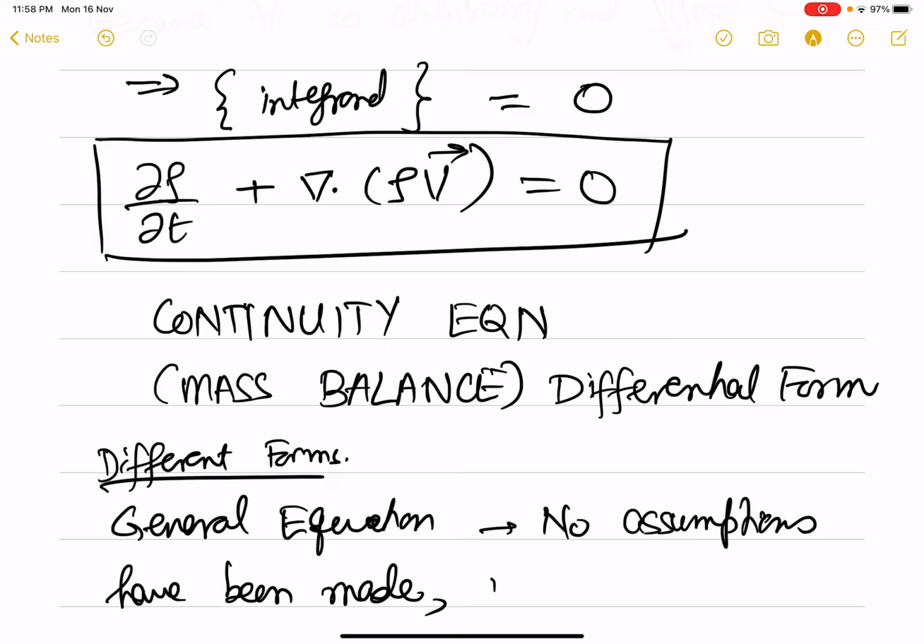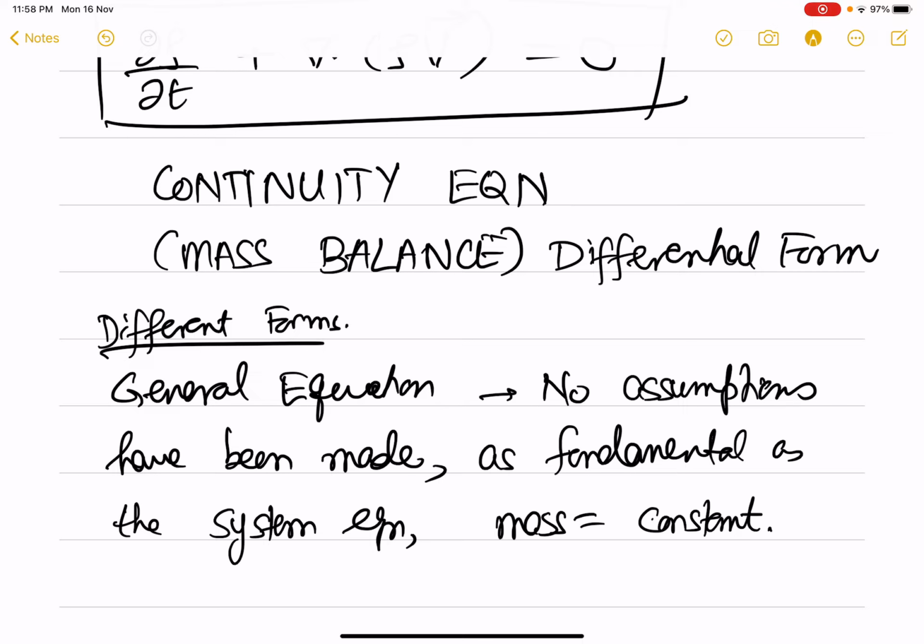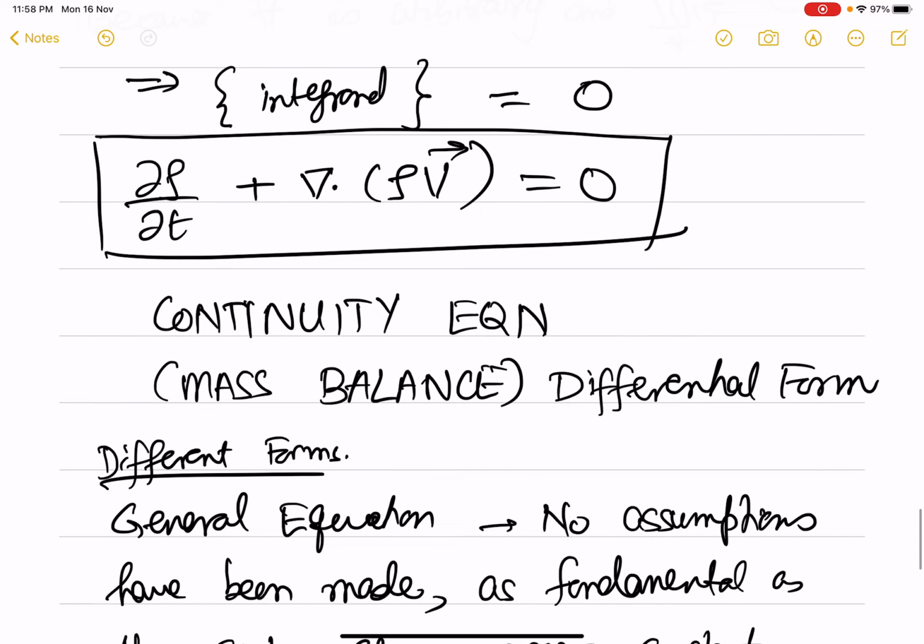So it is as fundamental as the system equation that mass is equal to constant. So unless you go into relativistic domains where you go to things like E is equal to mc square, this continuity equation will be valid. So it's a very general equation.